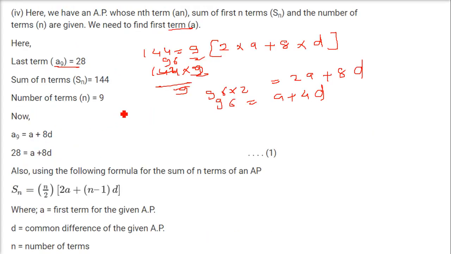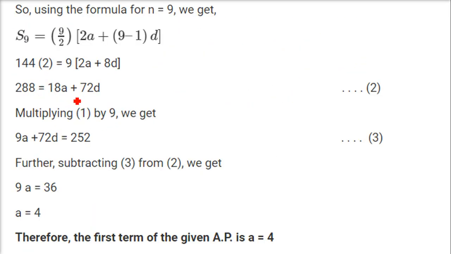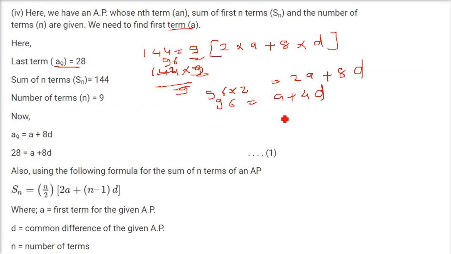So let us just keep it like this because we have got 288. So we can just solve it also. So a plus 4d equal to 96. Now the other equation is a9 equal to 28. That is 28 is equal to a plus 8d. So we have a plus 8d equal to 28. So what we can do is we can subtract.